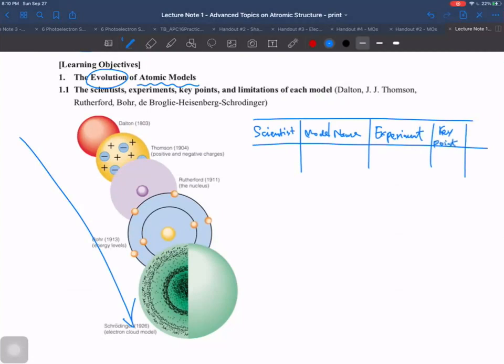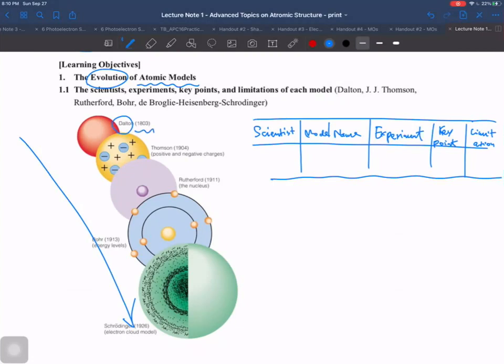Maybe the last one is the limitation. So basically, there are 5 models, right? I will put the names here, and then you can take some time to finish the table by yourself after class. So the first model is by Dalton, in the early 18th century.